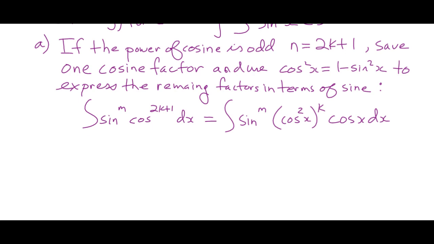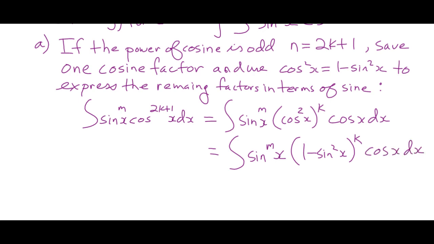I think I'm missing x's here. There should be an x there, and there, and there. Sorry, bad writing. The cos squared becomes 1 minus sine squared x to the power k, and we've got the cos x dx.